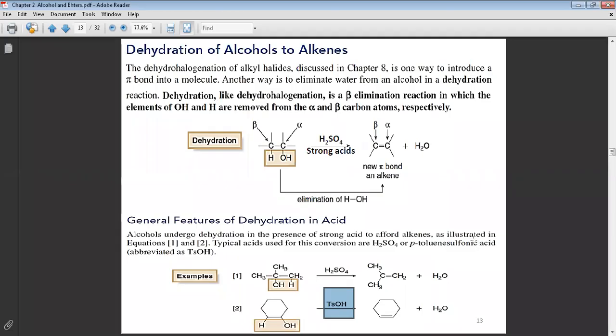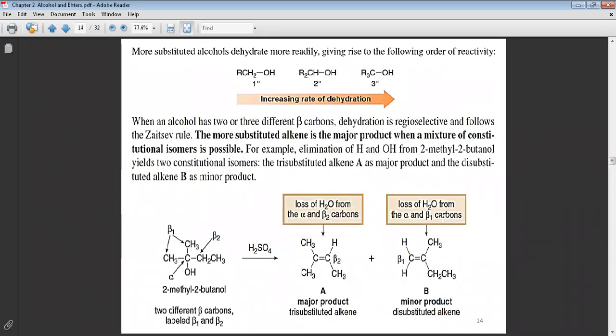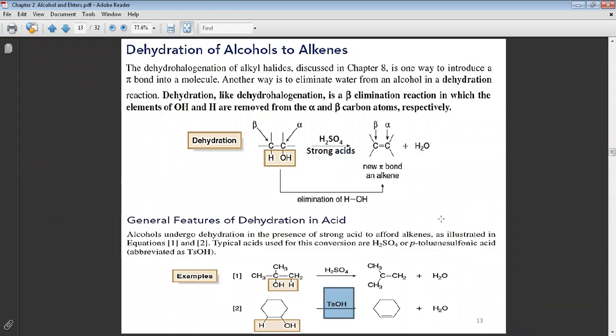Para-toluene sulfonic acid. Where is the structure?